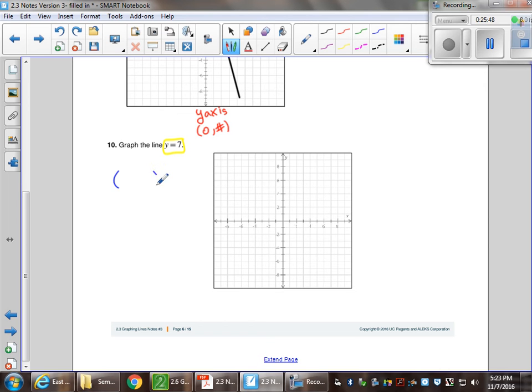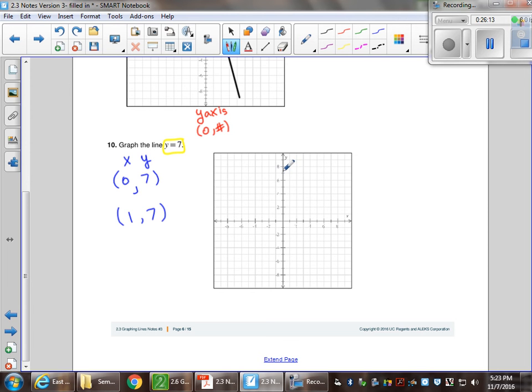So let's draw our two empty coordinate pairs. So I decide, is it the x value or the y value that's fixed? It's the y value, so you should have put 7 here. Now, you and I probably picked different x values, which I'm about to pick, but we should get the same answer. So this time, I'm just going to pick 0 and 1.